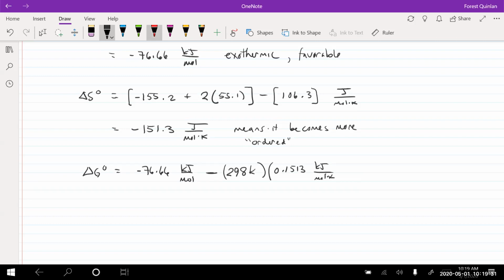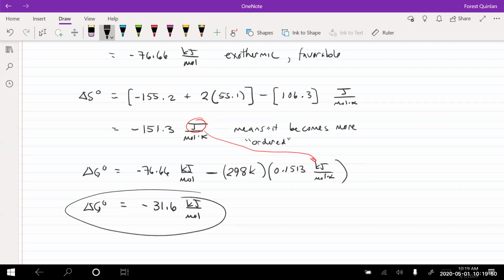Because we got to convert that joules to kilojoules. So joules to kilojoules, we're going to have to move that. At the end of the day, this is negative 31.6 kilojoules per mole. So when we do that, that means delta G naught is negative. So this is a spontaneous process.